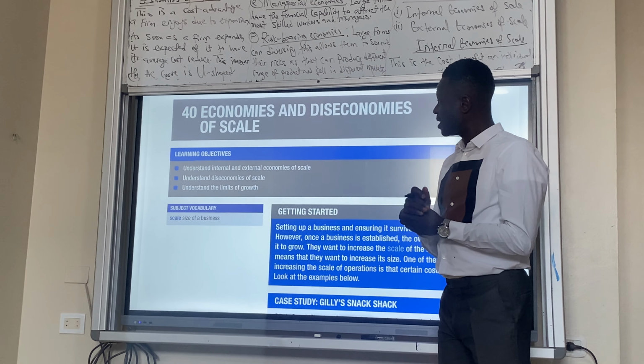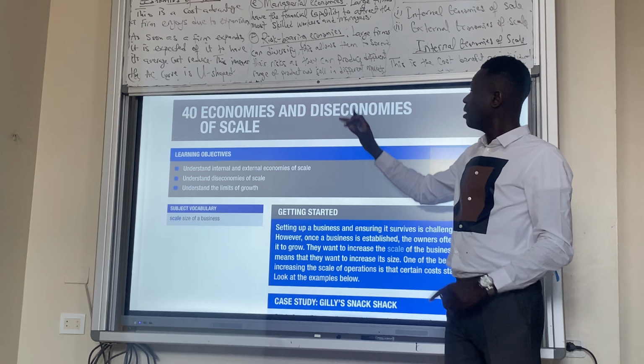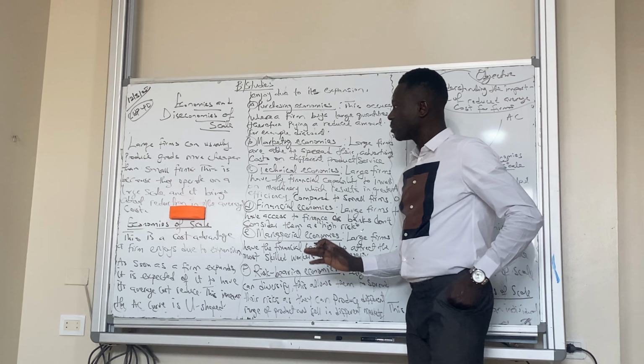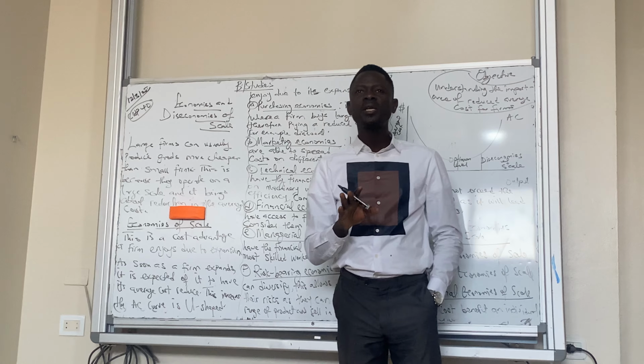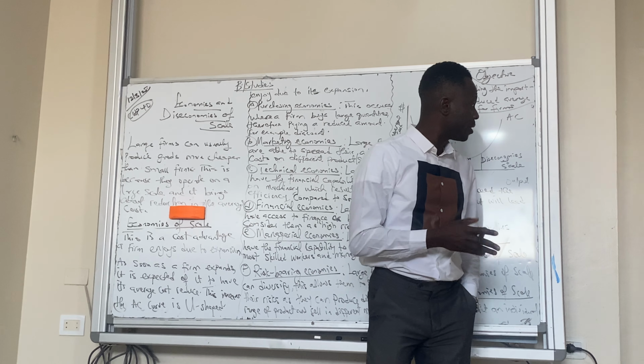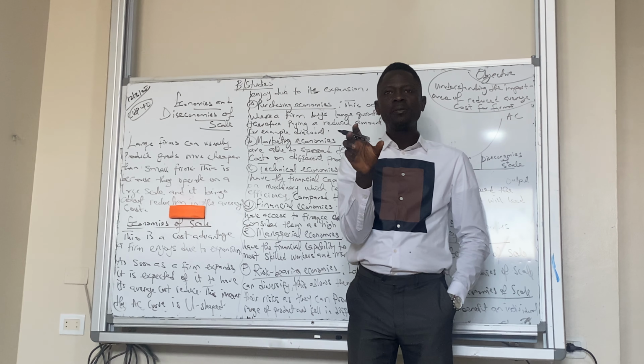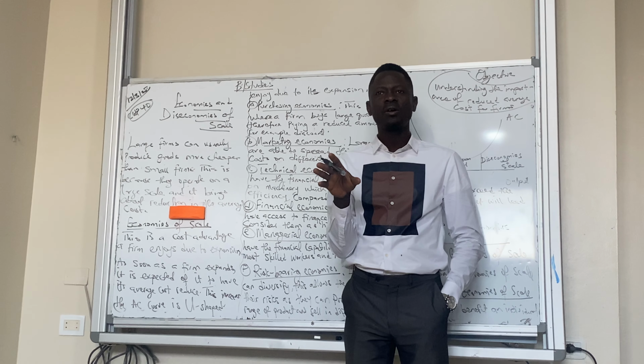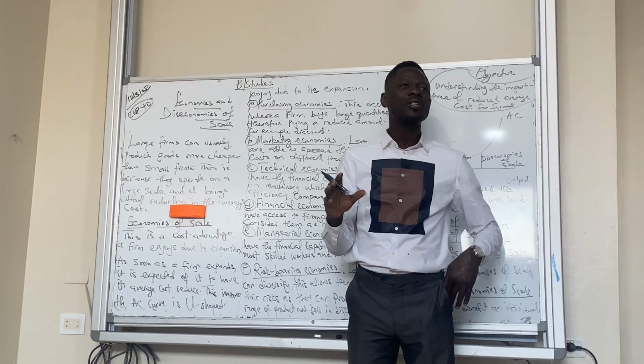So we go to chapter 14, business, economies and diseconomies of scale. For economies of scale, it's simply in line with firms that are large. So large firms are able to exploit economies of scale based on the fact that they operate on a larger scale.